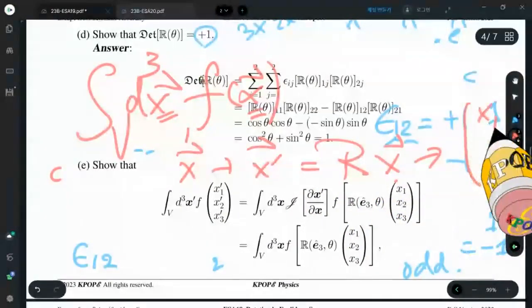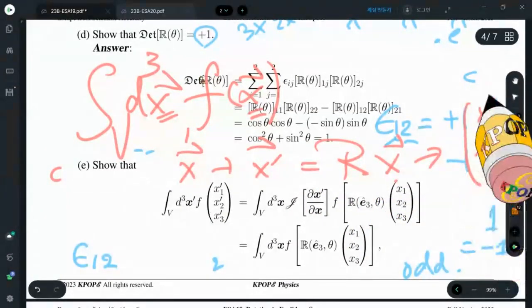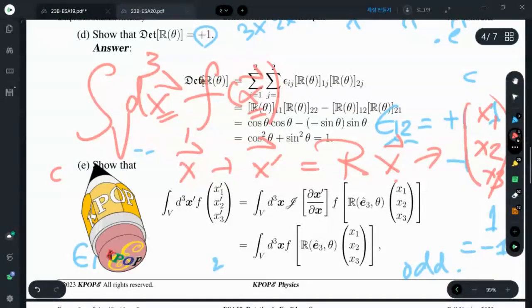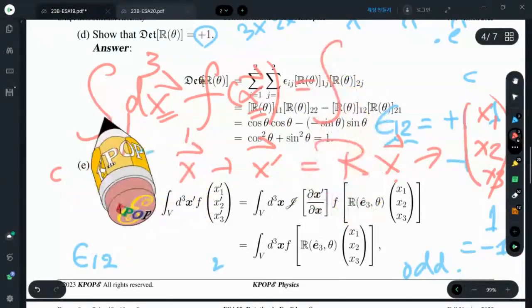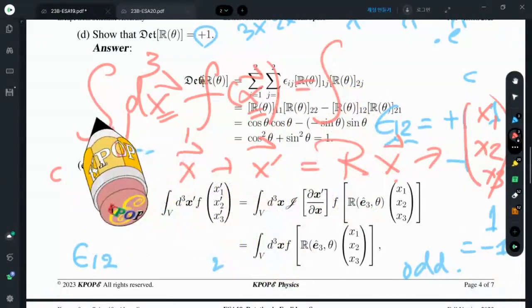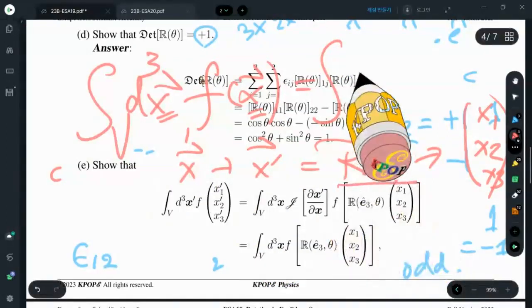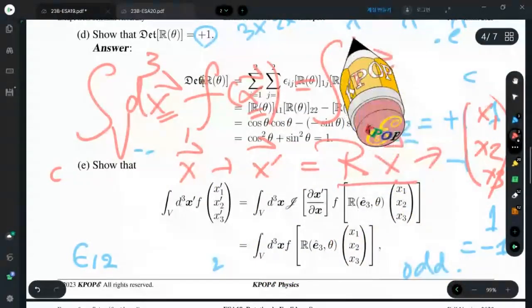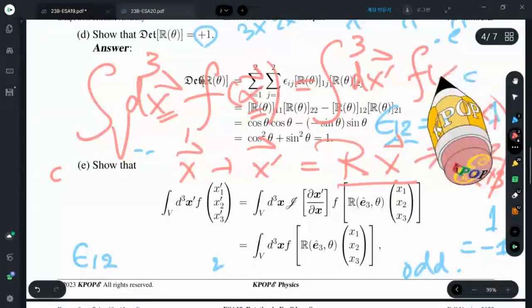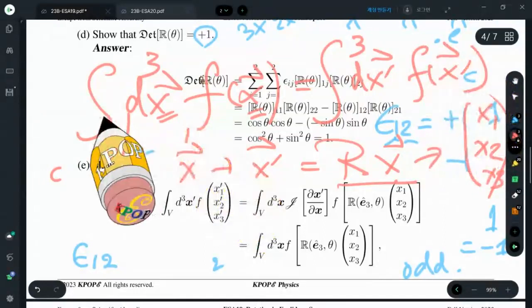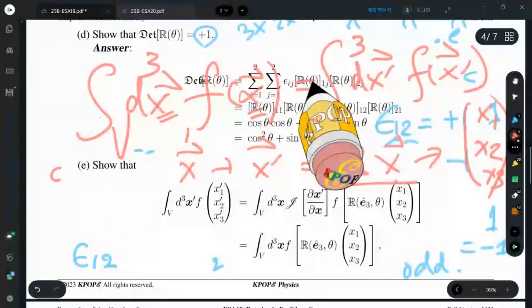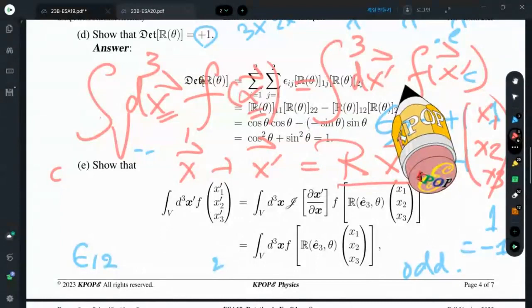Here I say x is x1, x2, x3 as a column vector. This integral can be converted by changing the variables into the prime variables, but it is not exactly the same.